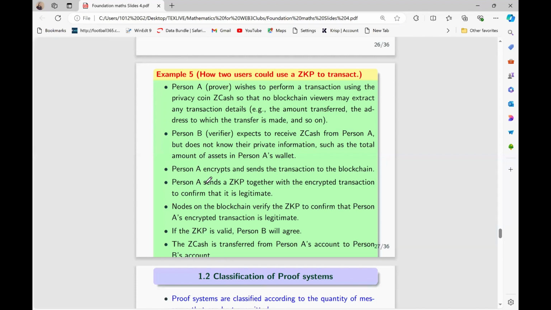In example 5, I just want to look at how two users would use zero knowledge proof to transact.